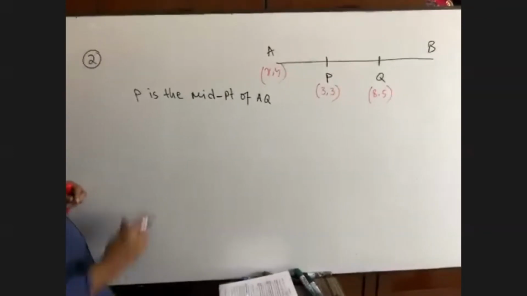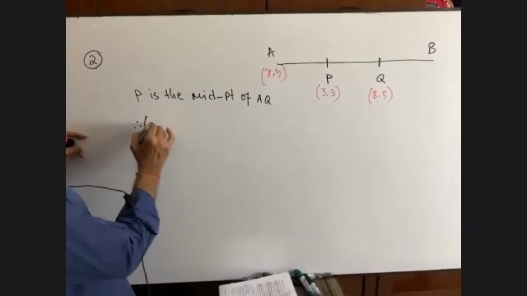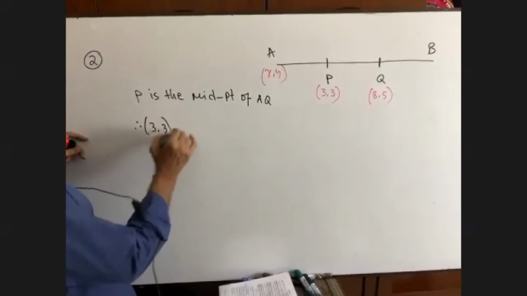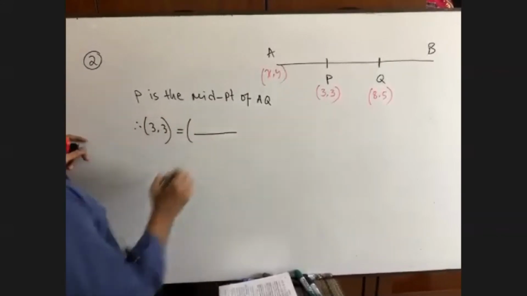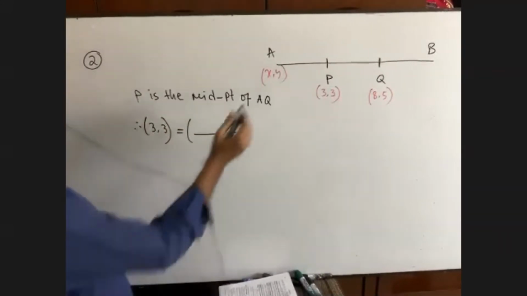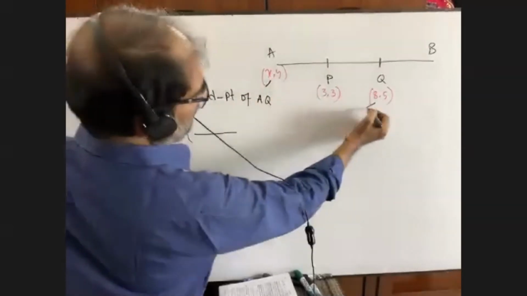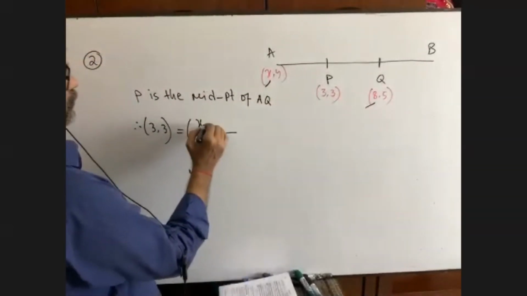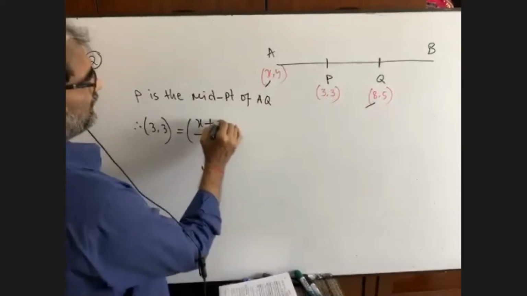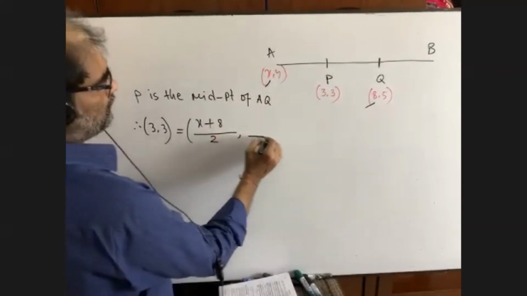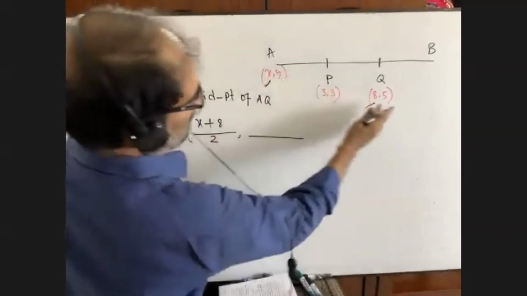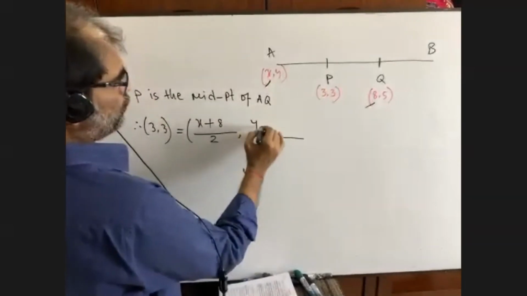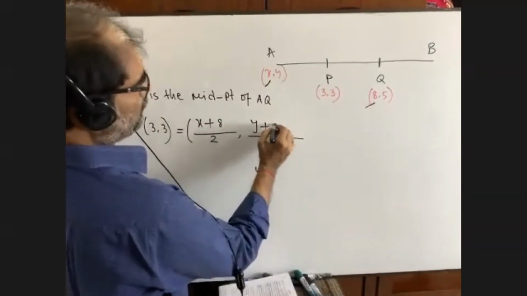Then we can write, therefore, 3, 3 is equal to, what is the formula of midpoint? x1 plus x2 by 2, y1 plus y2 by 2.